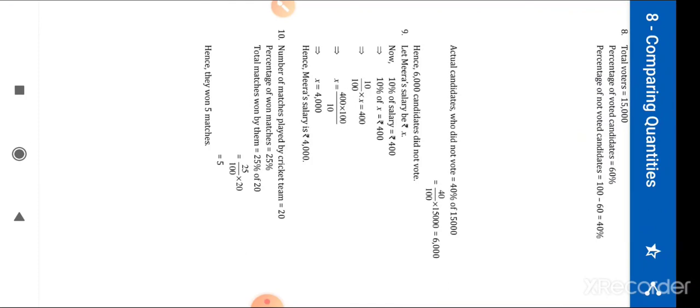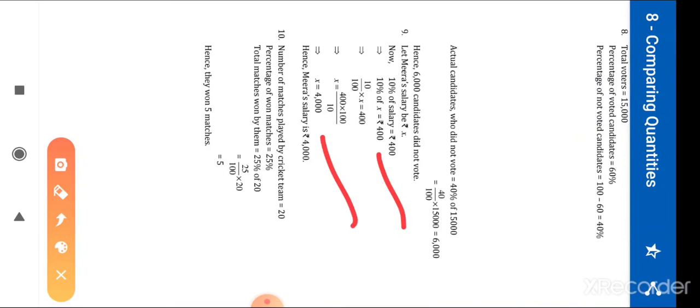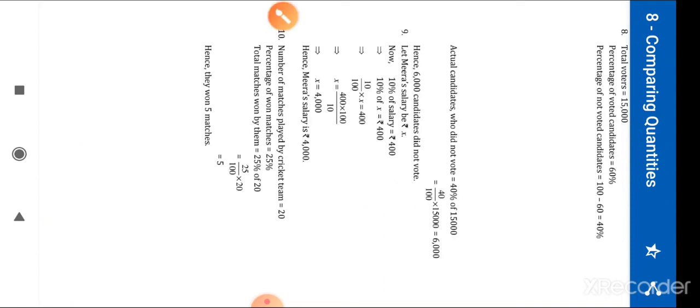So we can write here 10% of X is rupees 400. After simplifying this we have the value of X is 4,000. So Meera's salary is rupees 4,000. Move to the last question of this exercise.